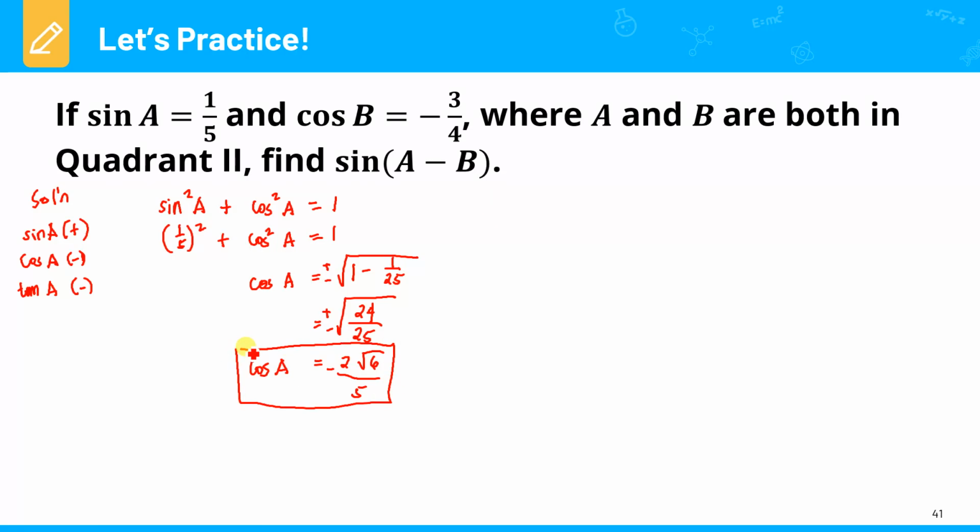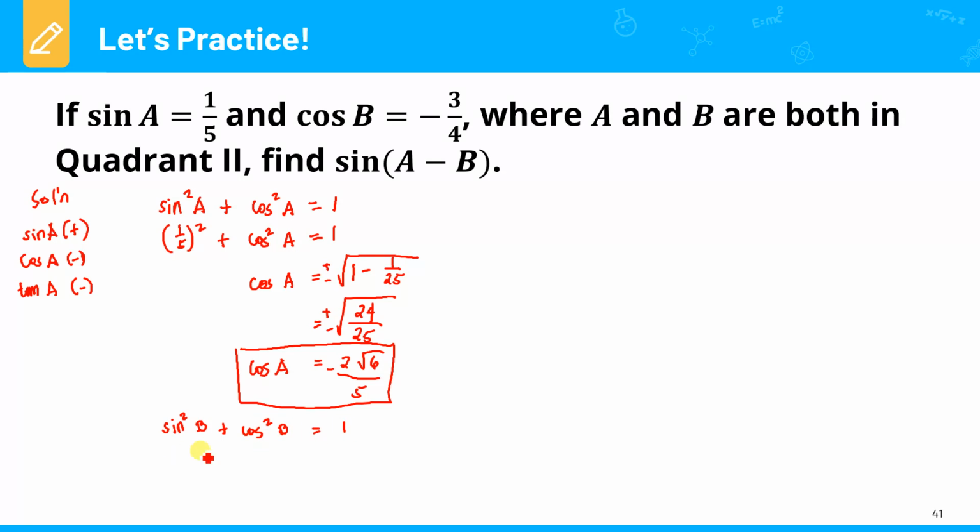Now, let's get sine B. Using the same structure, you have sine squared B plus cosine squared B is equal to 1.